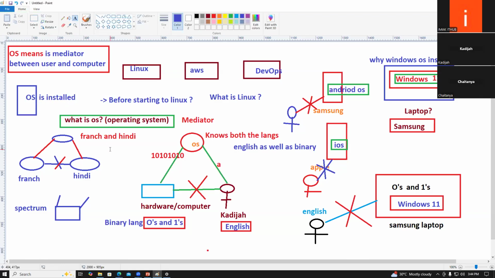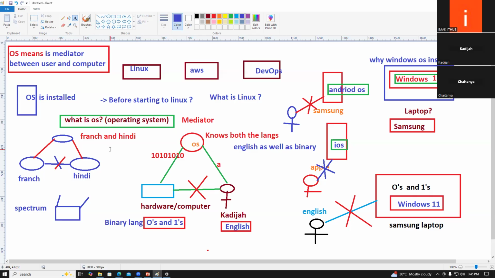From now onwards, you remember: if you are interacting with any hardware, either mobile or laptop or routers or video games or robotics, those are also hardware. Definitely there will be an OS installed.